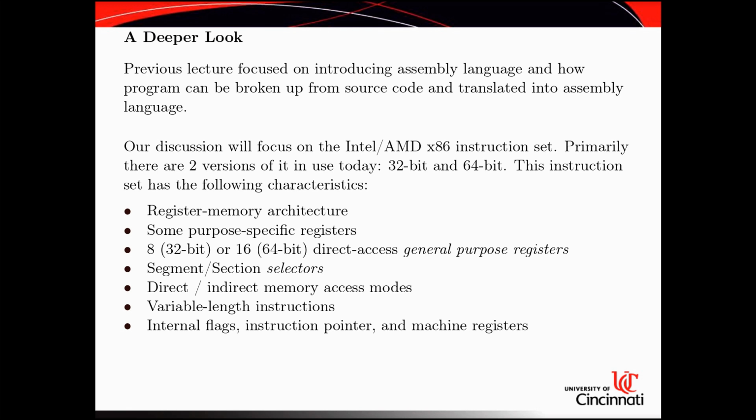It has some purpose-specific registers. If you remember, we talked through how there's this local memory to all the processors that's registers. It has some purpose-specific ones, which means that context is important when using them. So there are some instructions that expect the information to be in certain registers, or that will always put their result in certain registers.